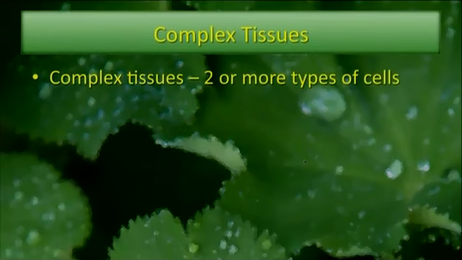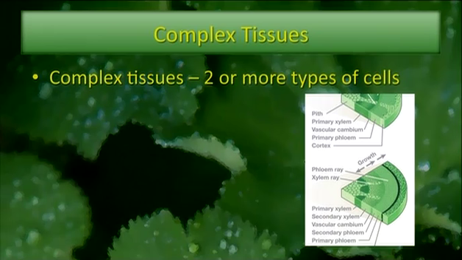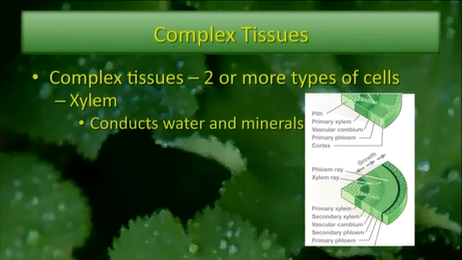Now we have complex tissues, and complex tissues are of 2 or more types of cells, mostly produced by woody plants that have wood. And one kind of complex tissue is xylem tissue. Xylem conducts water and dissolved minerals in the plant.